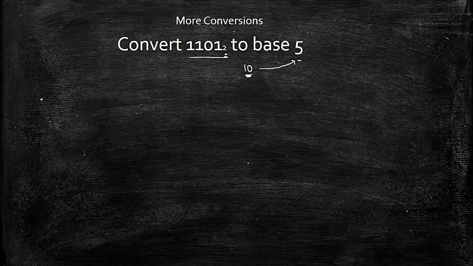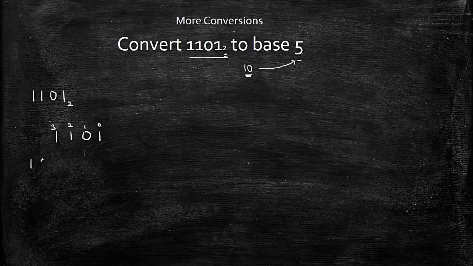So we said if we are converting a number 1101 in base 2, what we need to do is write down the number 1101 and then write their powers at the top, 0, 1, 2, 3.